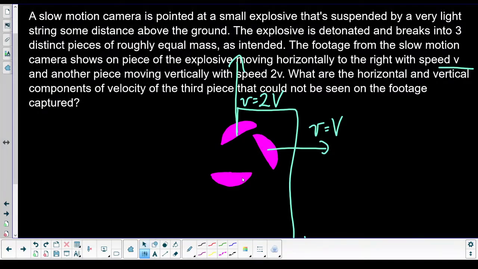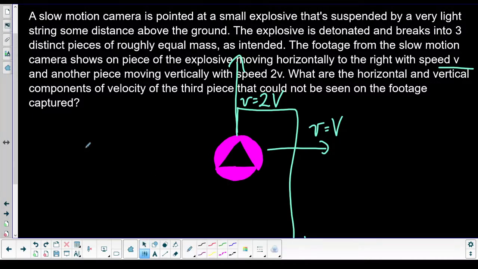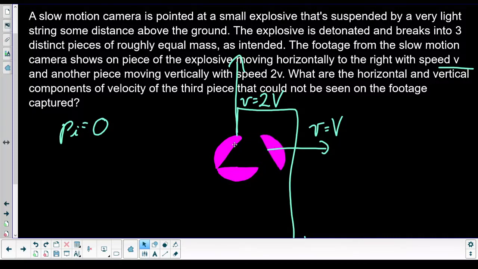Okay, so let's break this back down. Initially, before the explosion happens, our bomb is just sitting there. So the initial momentum is 0. Okay, cool. Now this piece flies to the right at v. This piece flies up at 2v. So momentum is a vector.